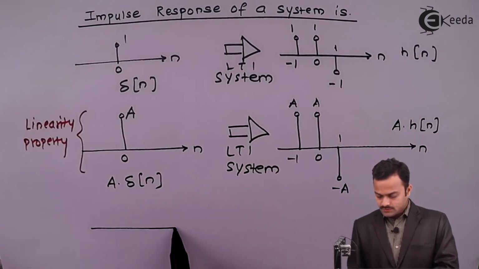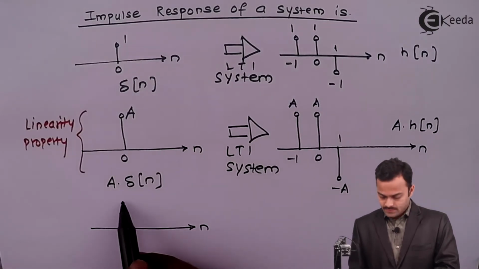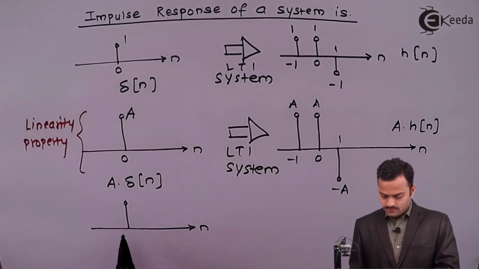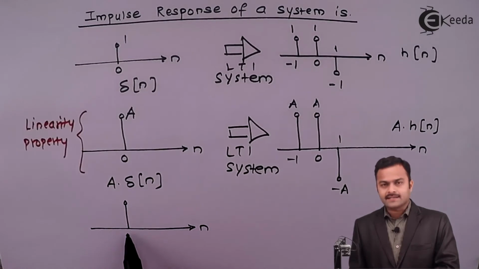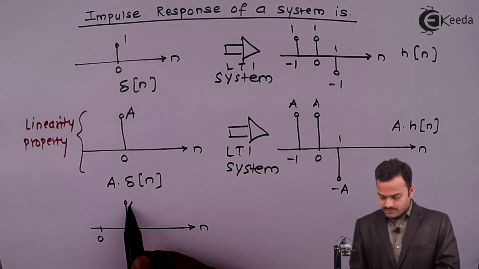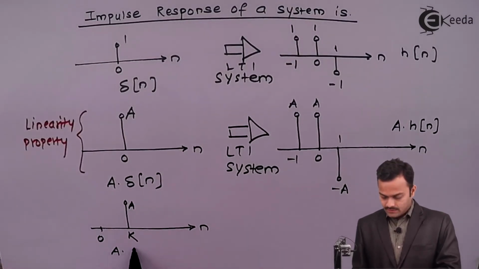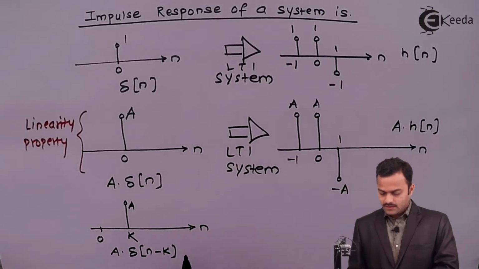Now suppose this signal is shifted by some amount k. So I will get an instant like this. Somewhere here it is 0 and it has shifted by k. So this signal has a magnitude A shifted by k. So it is A delta n minus k.